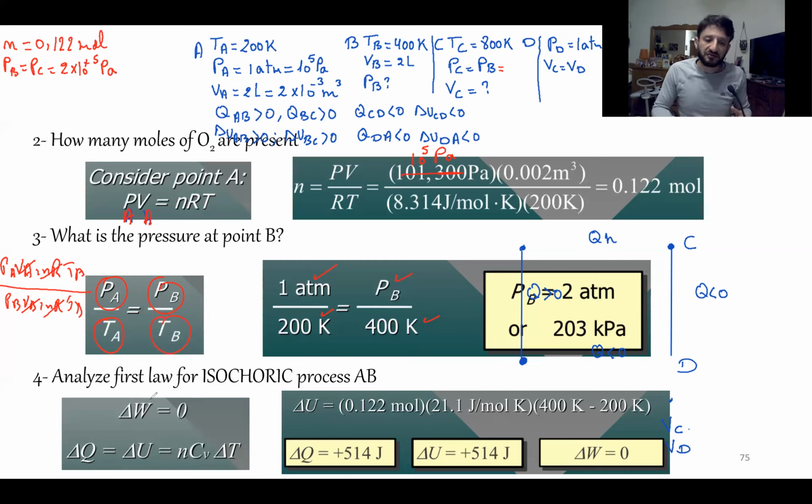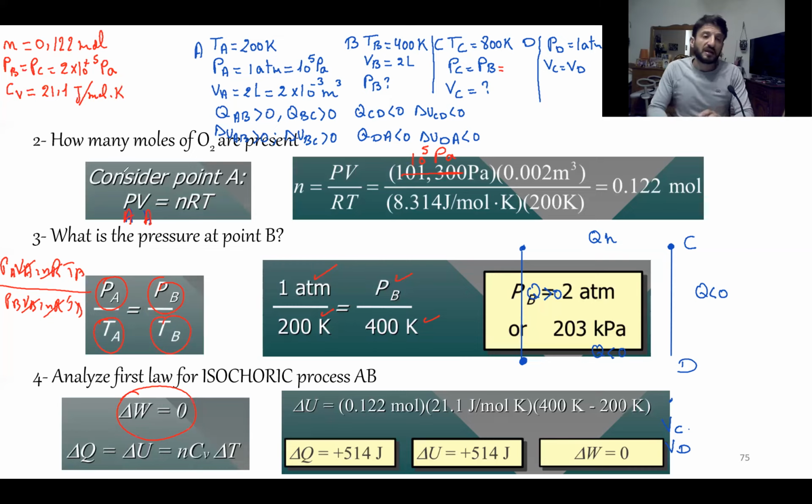In the case of constant volume, dW equals 0, and delta Q equals nCV delta T. Here I give you the value of CV. CV equals 21.1 joule divided by mole Kelvin.